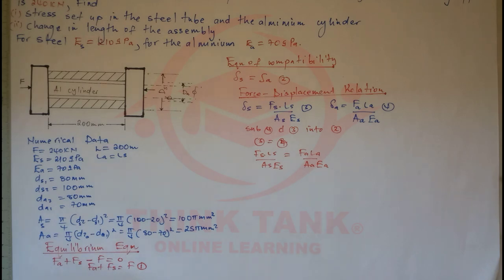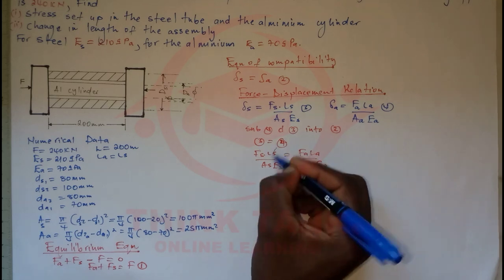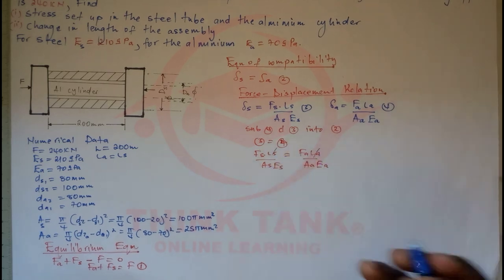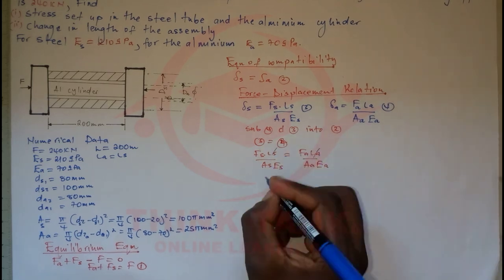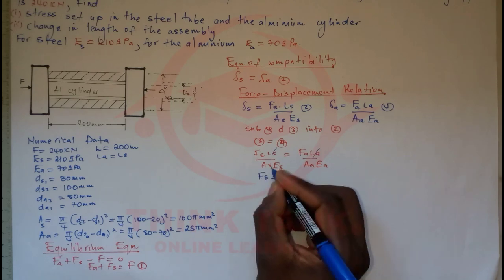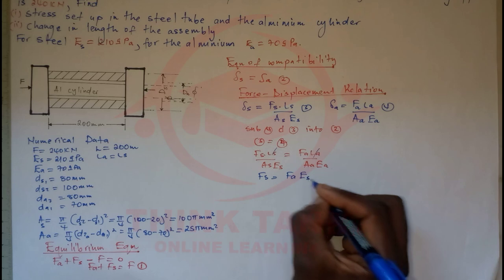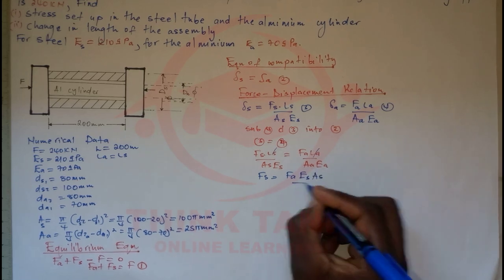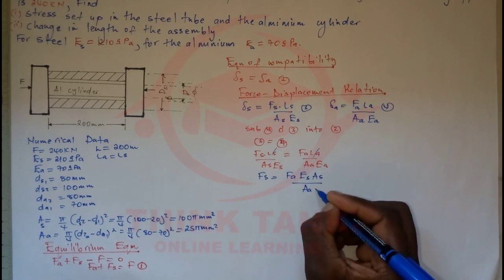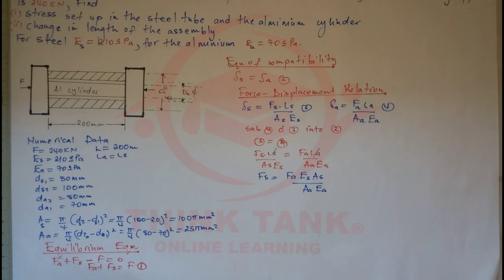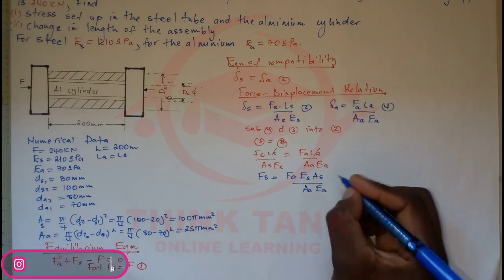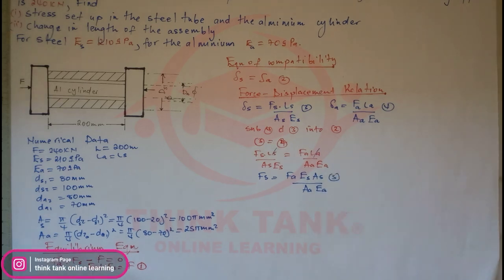Now I'm going to make either Fs or Fa the subject of the formula. We said La is equal to Ls, so you can just divide both sides by Ls. That means if you multiply both sides by As and Es, Fs is going to be Fa times Es and As divided by Aa and Ea. This is the formula that we have, and I'm going to call it equation number 5.